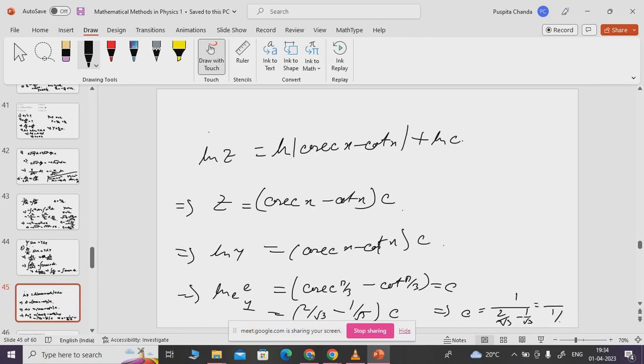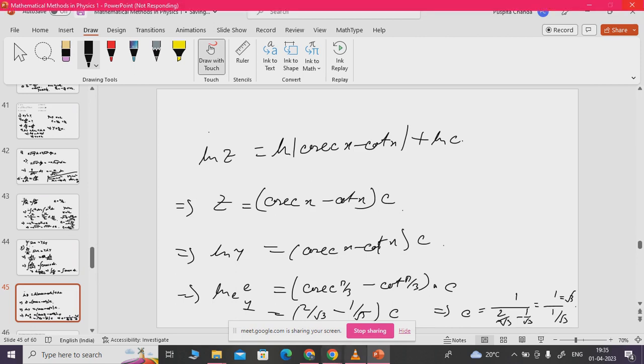So this will become 2 by root 3 minus 1 by root 3. It will become 1 by root 3, which is equal to root 3. So we need to put c is equal to 3.